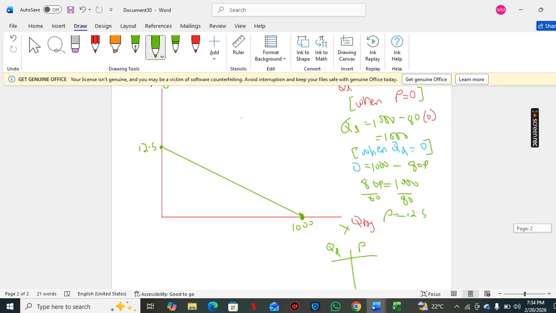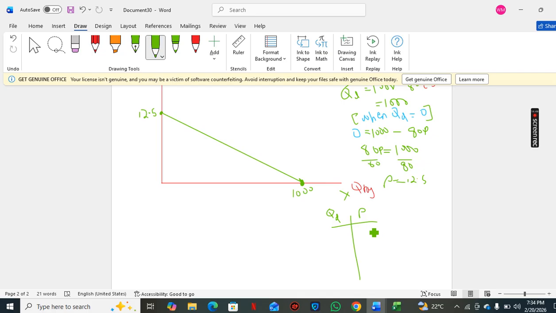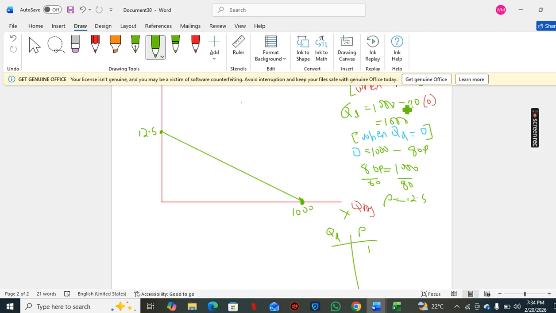For example, if P equals 1, you substitute 1 into the demand function: 1,000 minus 80 times 1. 80 times 1 is 80. 1,000 minus 80, you get 920. QD equals 920.